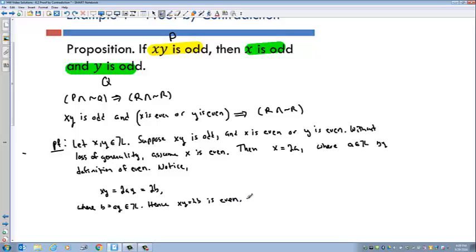Which contradicts the assumption xy is odd.